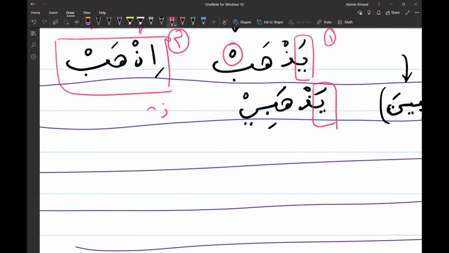So you have yadhabi, you remove that, and you have this one. Now the only thing you have to do is put hamzatul wasl and then a kasra, and everything is good. After you put a kasra, just make sure which one is your middle letter. Just make sure it doesn't have dhamma. If it has dhamma, keep the dhamma. Everything else, just put a kasra.